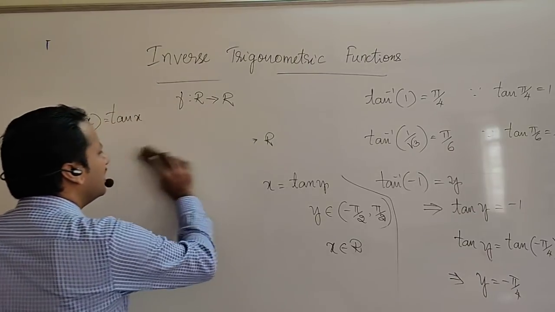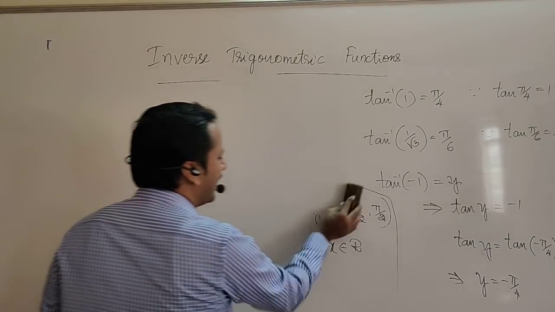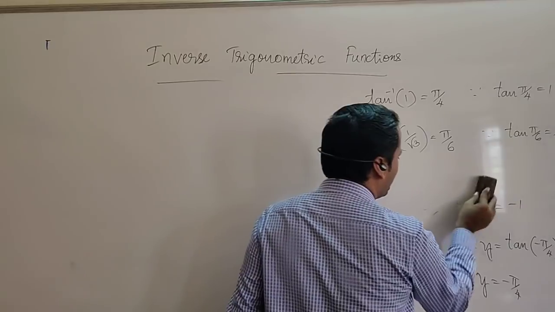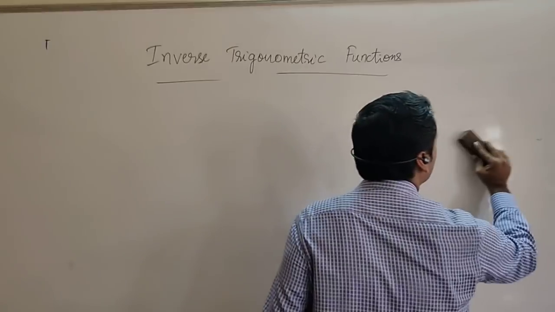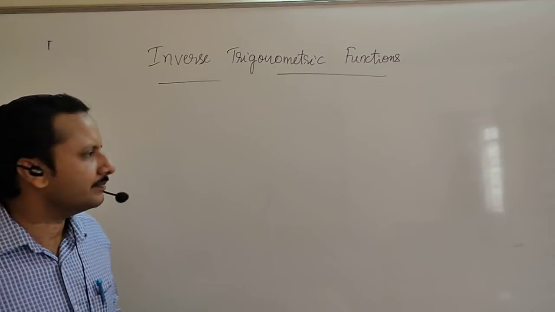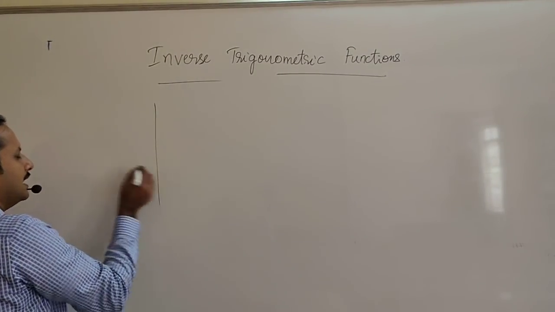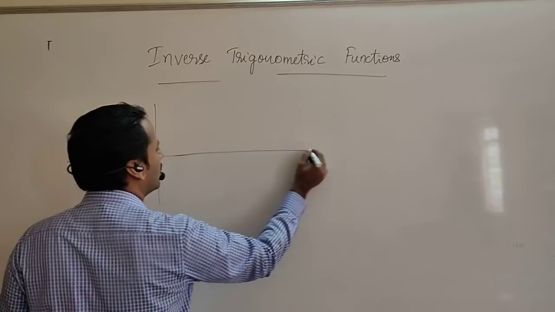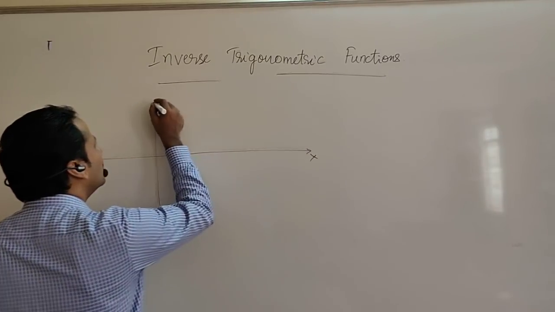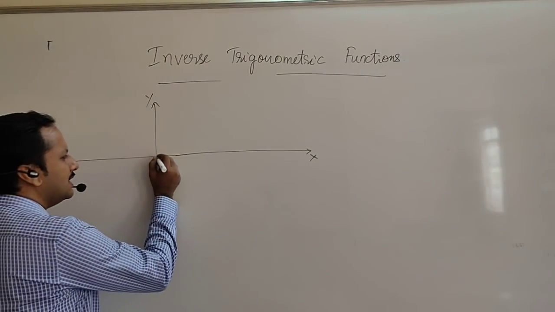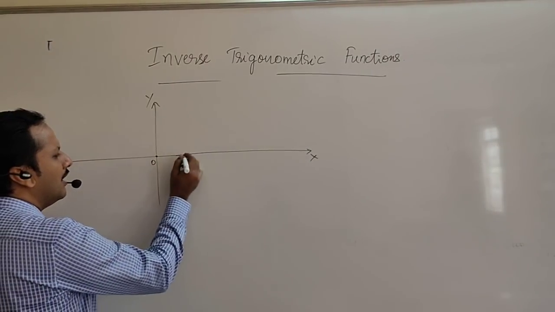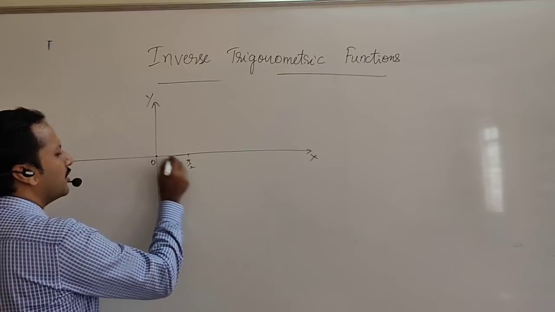Now, let us look at the graph of tan inverse x. For that, first I will draw the graph of tan x, and after that I will show you the graph of tan inverse of x. Tan x, as we know, at 0 it is 0. At pi by 2 it is not defined.